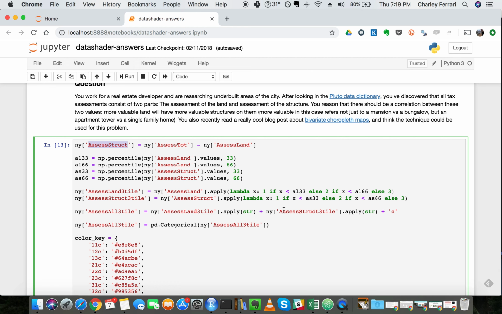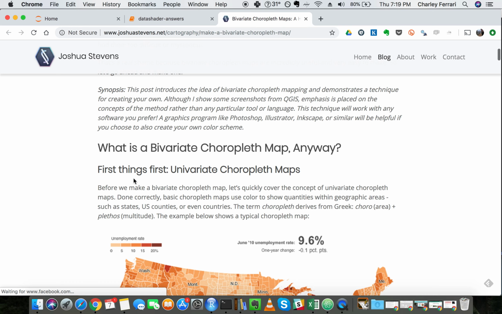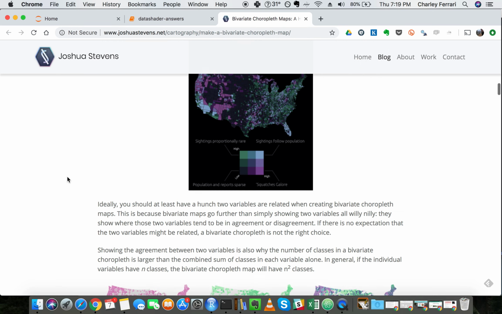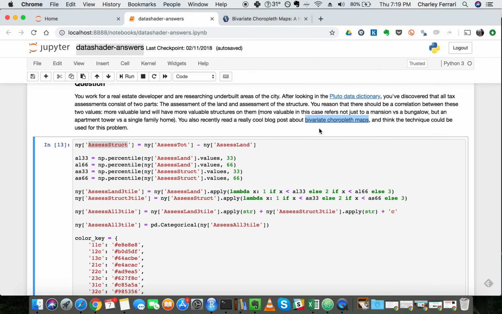So looking at this, the method I wanted you to try out was this bivariate choropleth map. This was an interesting strategy I've come across that I thought lent itself very nicely to, in this case, a categorical Data Shader plot.